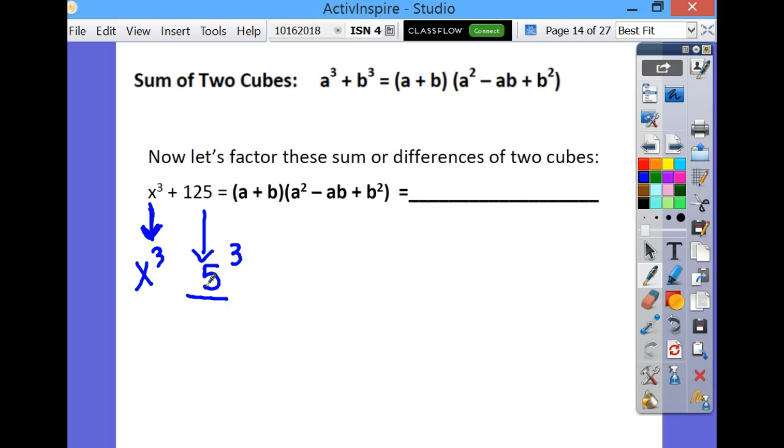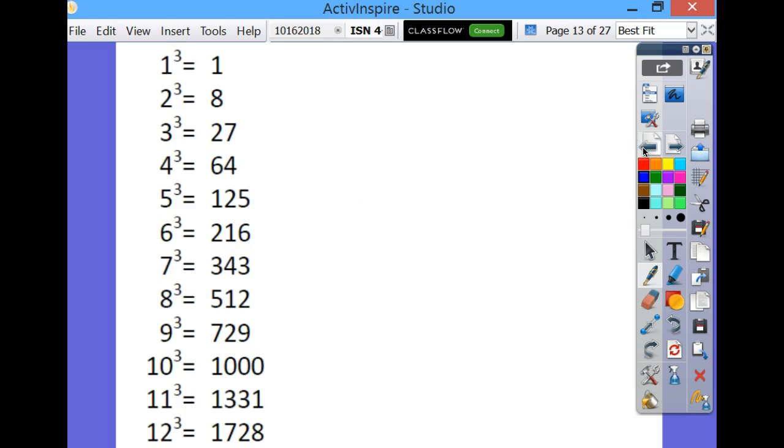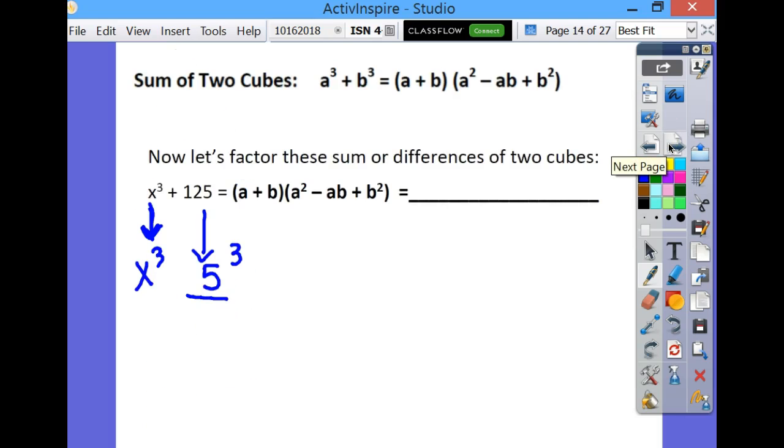Or we could come over here to the chart and see that 125 is 5 to the third power. That's how I made the chart. I took the 5 and raised it to the third power and got that number. Okay. So the A is going to equal X, and the B in the formula is going to equal 5. The numbers before they got raised to the third power.